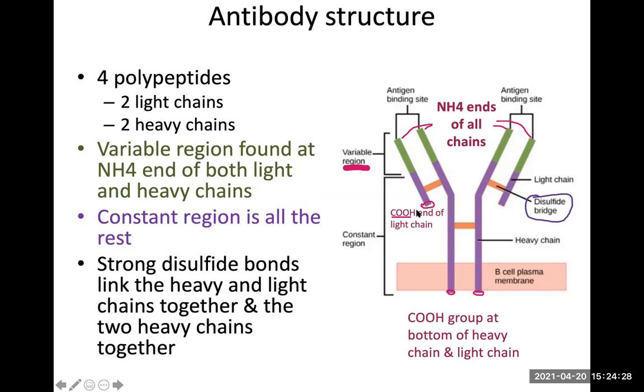And those will all end with a COOH group, right? So constant region means all antibodies have that same amino acid sequence, right? And antibodies will only differ from each other at the top, which is the variable region. All right. Strong disulfide bonds link the chains together.